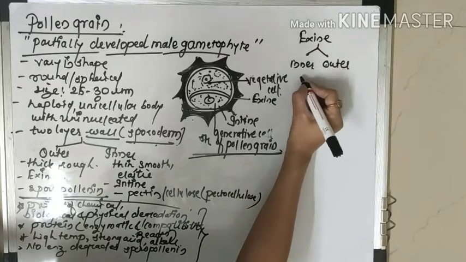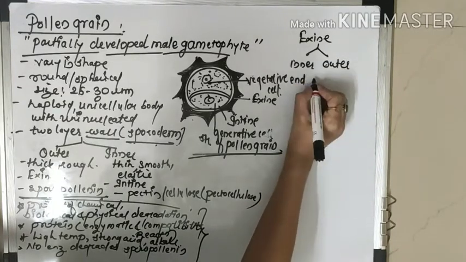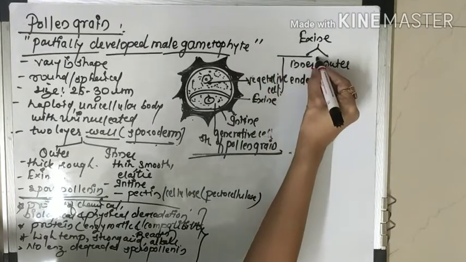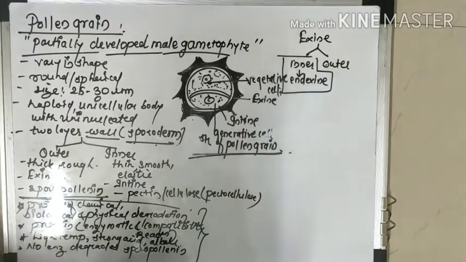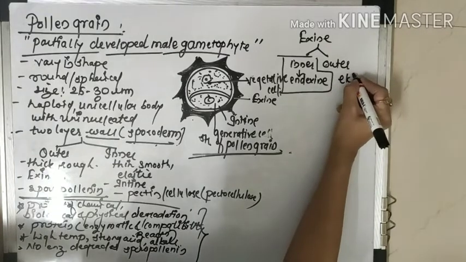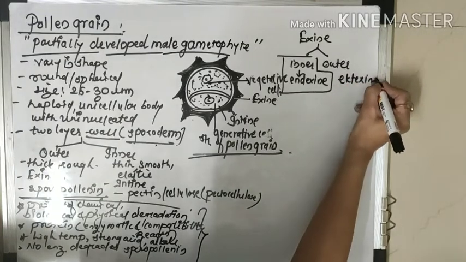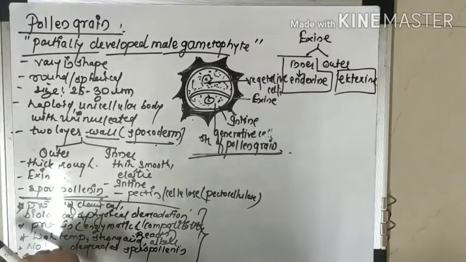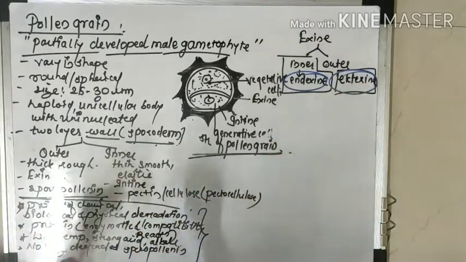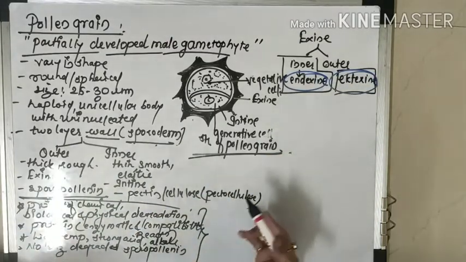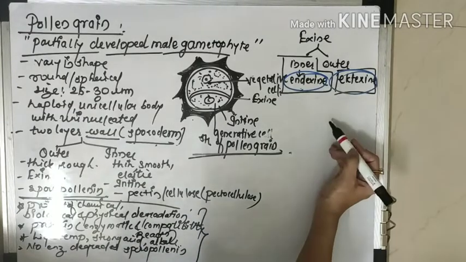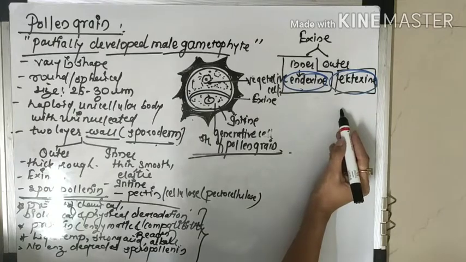The inner is called endexine, and the outer is known as ectexine. The inner, inside, is the endexine, and the outer is called ectexine, present on the outer side of the exine.